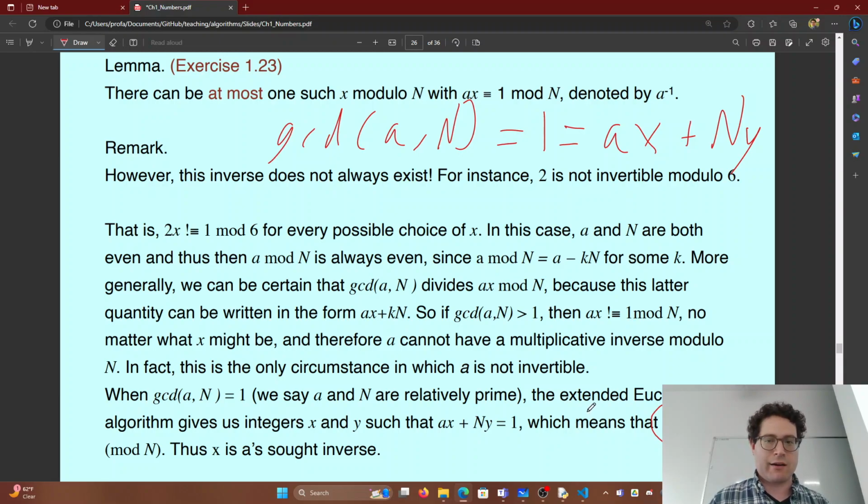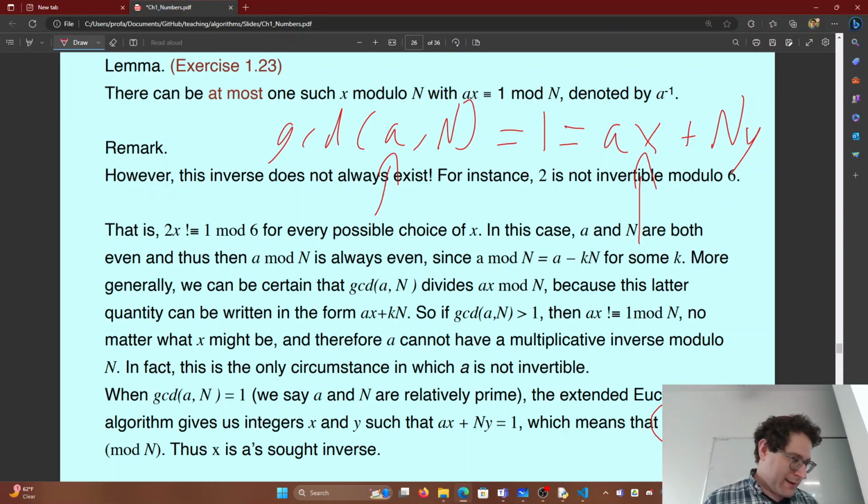You can work it out yourself, but basically if we do that extended Euclidean algorithm, if we run the algorithm on a and n, then x is going to be the inverse.